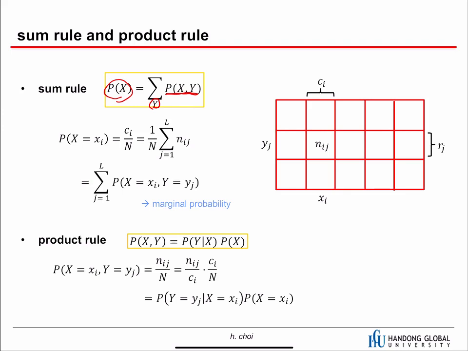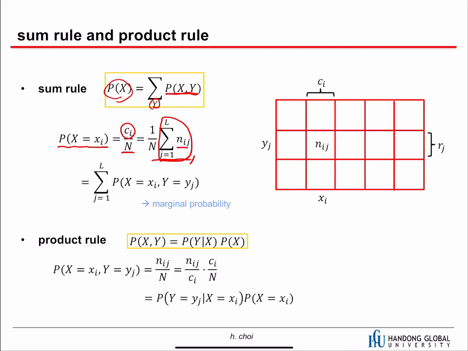Okay, and we can see how it works in these equations. P of x, the probability of a specific color, is c sub i over N, and that can be obtained by this. Actually, c_i is the sum of this one.